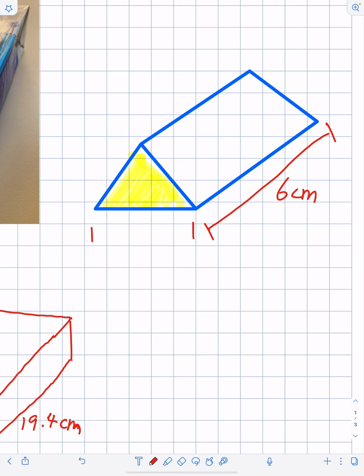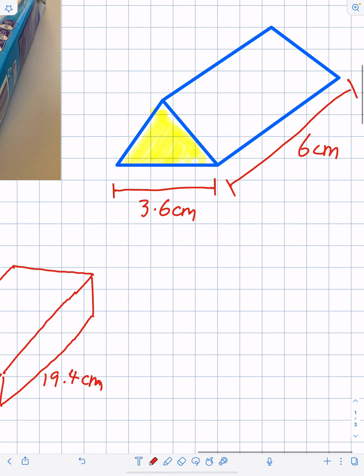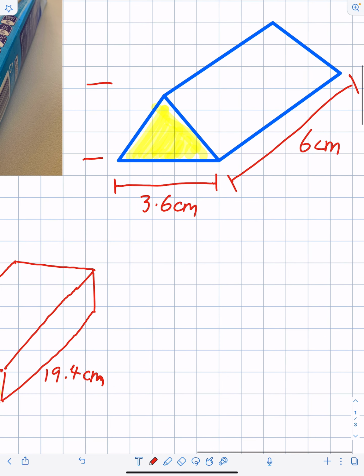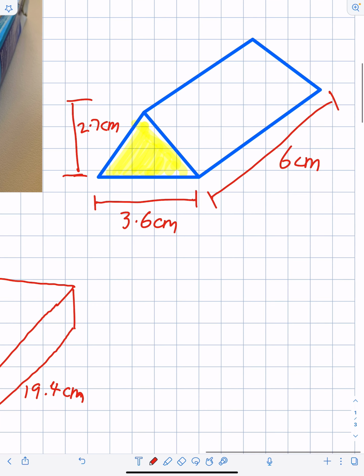Okay, let's say that along there, let's call that 3.6 centimetres. And let's call this, say, 2.7 centimetres. So these are not actual measurements, but let's see what our volume will be.